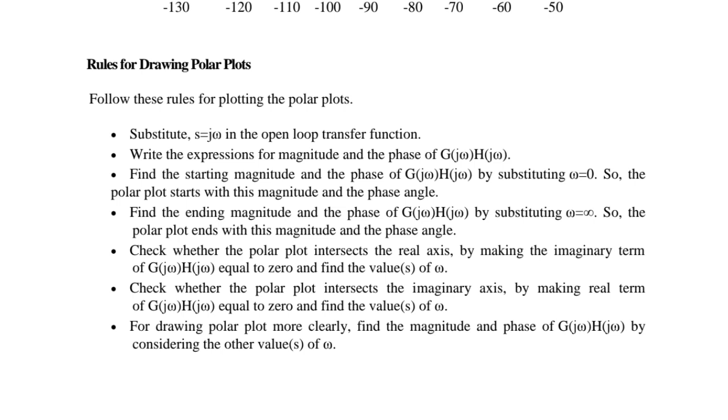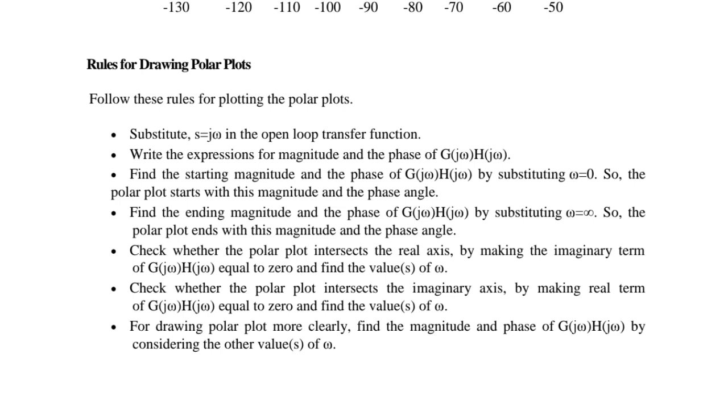Check whether the polar plot intersects the real axis by making the imaginary term of G(jω)H(jω) equal to 0 and finding the values of ω. This point is very important.